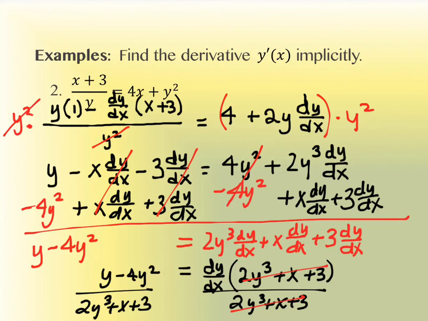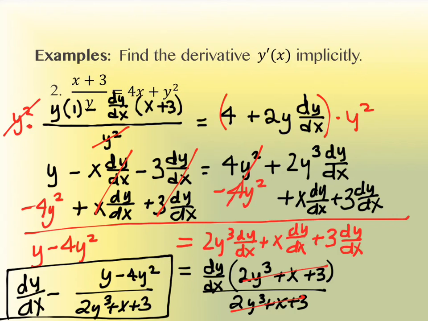And this one, when we get to the end here, notice there is nothing in all 5 of those terms that's common to anything. So there isn't any simplifying that I have a chance to do on that one. I really am simply done. So I found out here then that dy/dx is actually equal to y minus 4y squared over 2y cubed plus x plus 3.